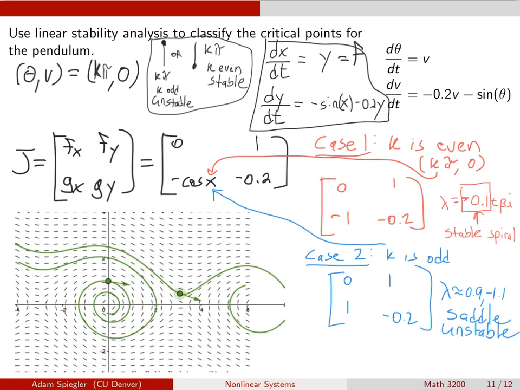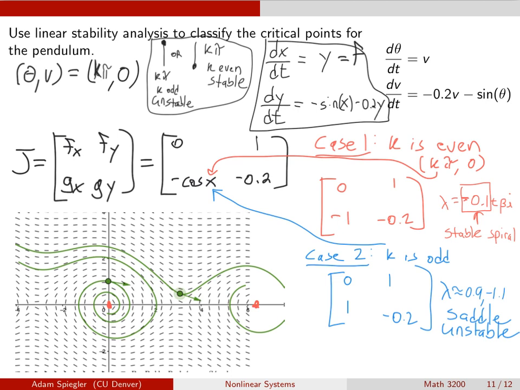Here is the phase plane plot for the pendulum that we've seen before. What we can see is that when k is even, these are spiral stable equilibria.